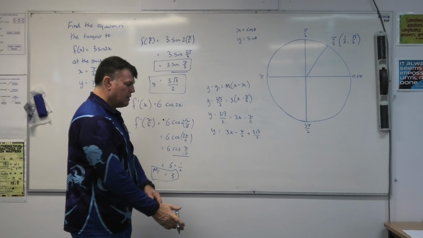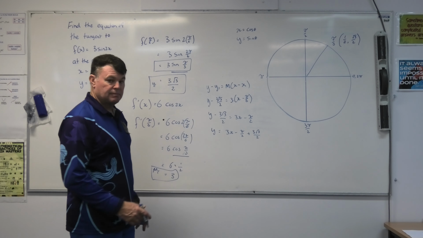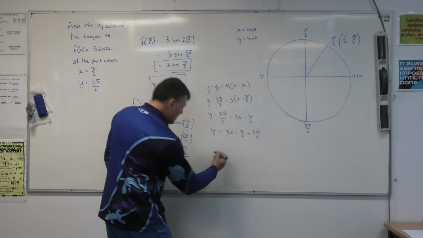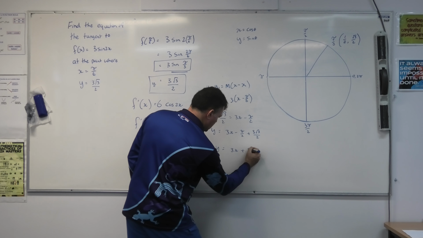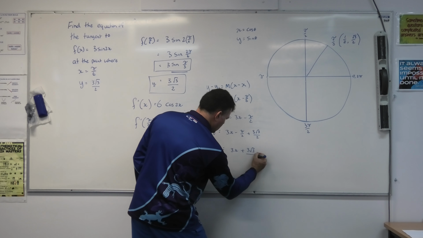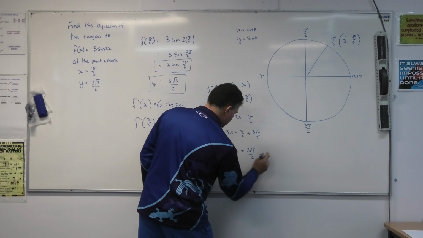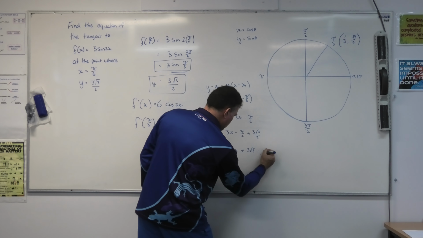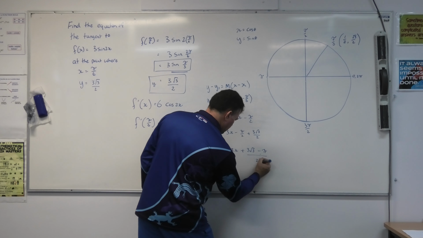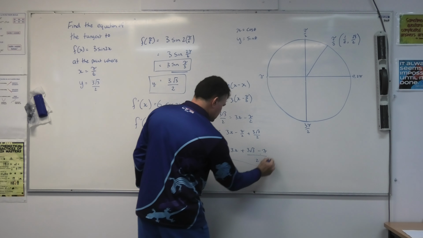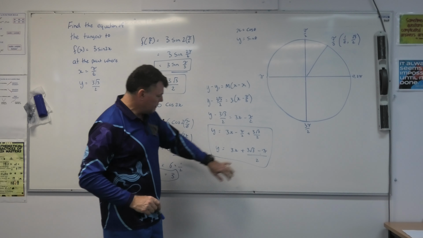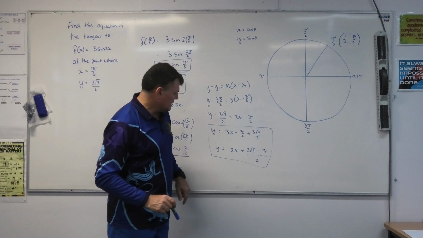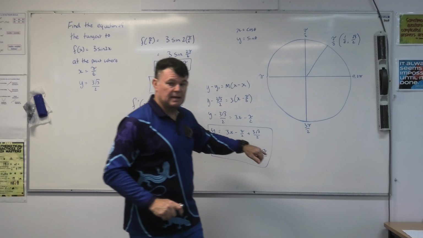Now you could leave your answer in that format if you want. However, another way you can write this is 3x plus 3 root 3 minus pi, all over 2. Both of these are acceptable answers. All I've done in the second version was simplify because I have the same denominator.